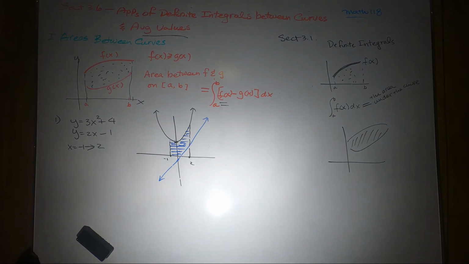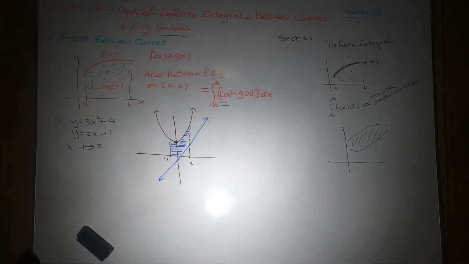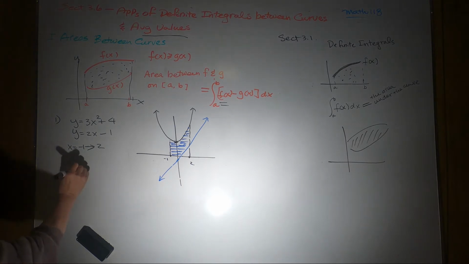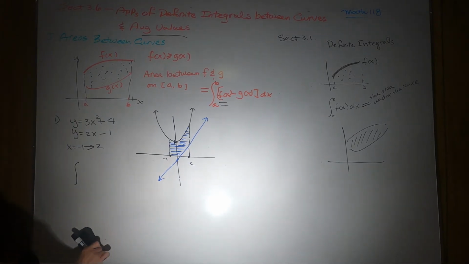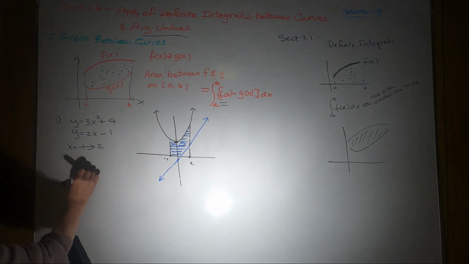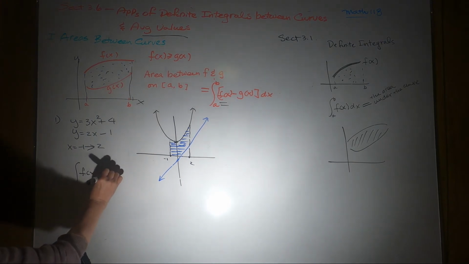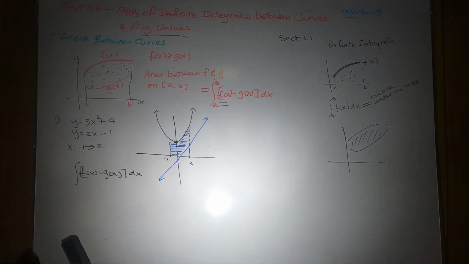Then we say, what do we use? We use this formula, right? So we will do what? Antiderivative of 2 curves, right? 2 graphs. So you do f of x minus g of x, then take the antiderivative of them against x from -1 to 2.